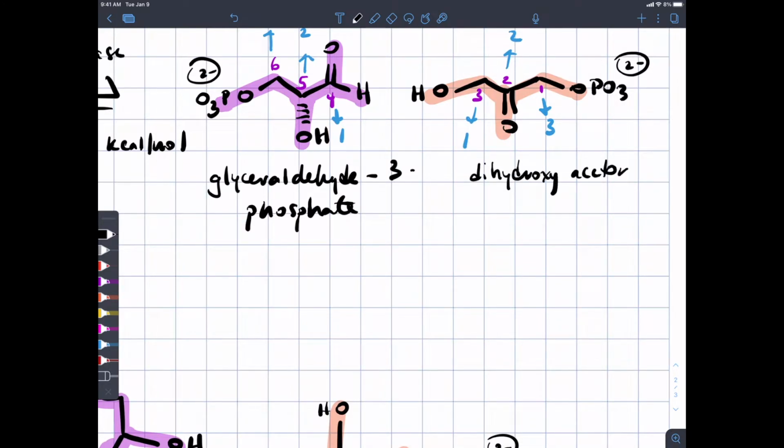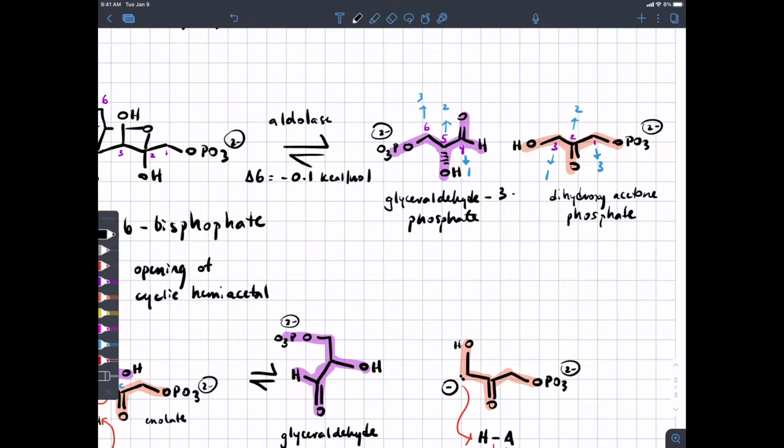The other molecule is called dihydroxyacetone phosphate. And you can see that it is similar to glyceraldehyde 3-phosphate, though different. That's really informative.